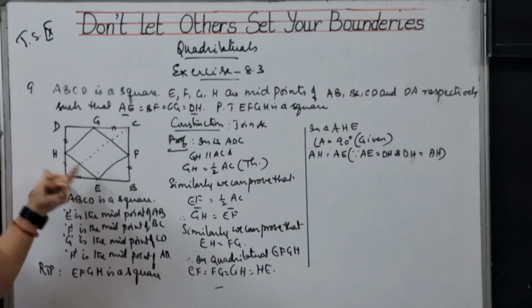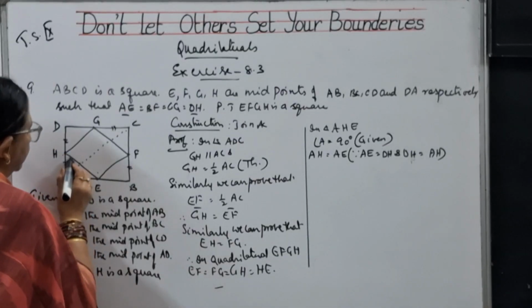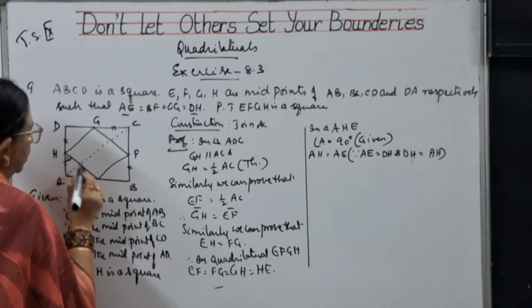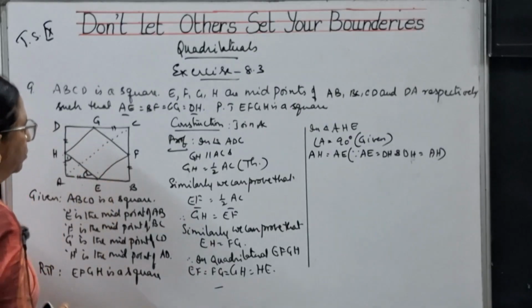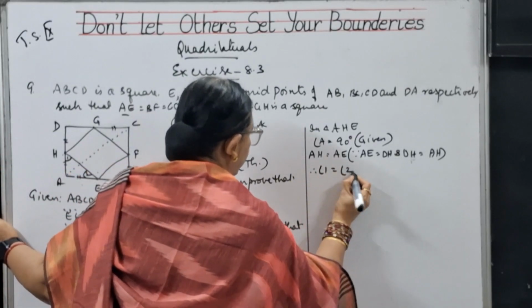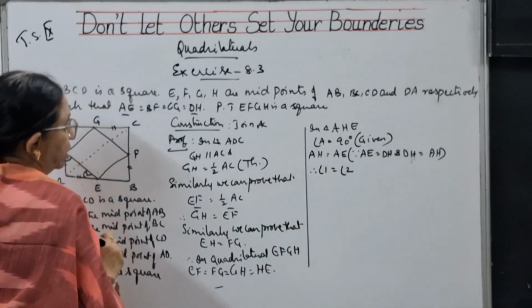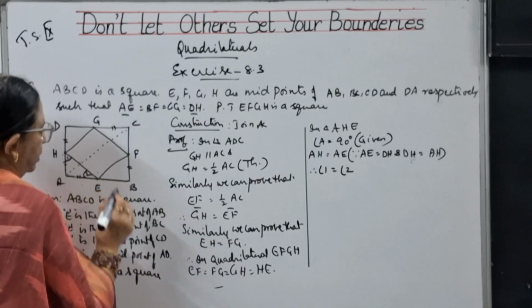Okay, so when AE and AH are equal, let me call this angle 1 and this angle 2. So I can say that angle 1 is equal to angle 2, and since it is 90 degrees, it means 45 and 45 make 90. One more 90 we need.